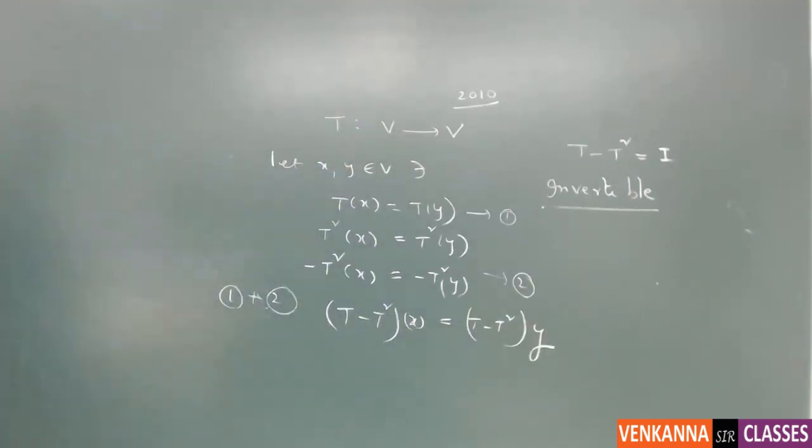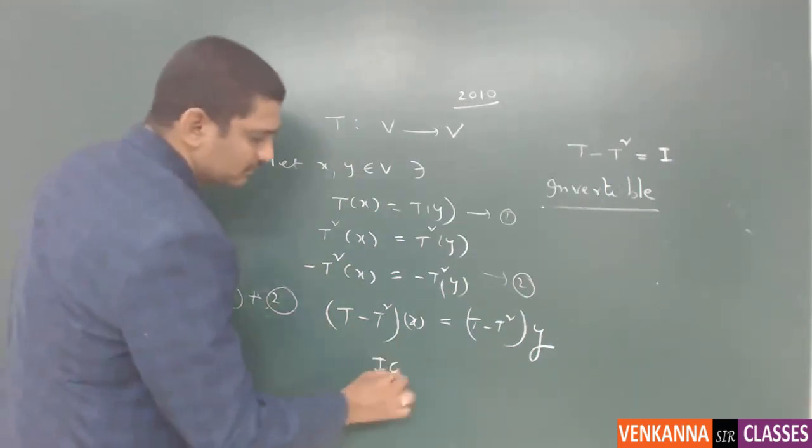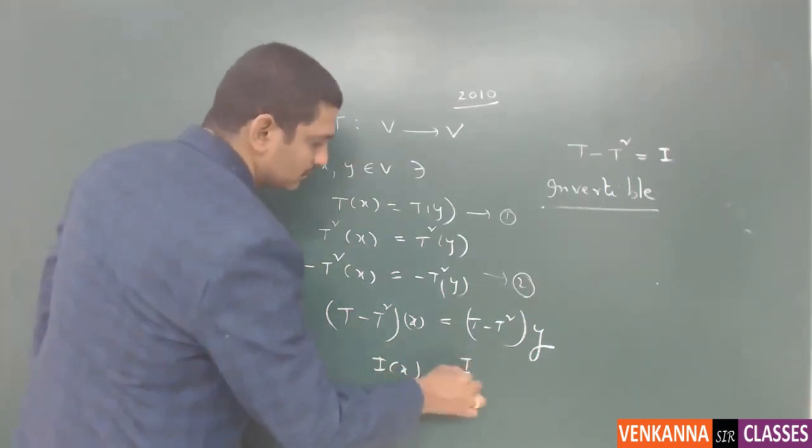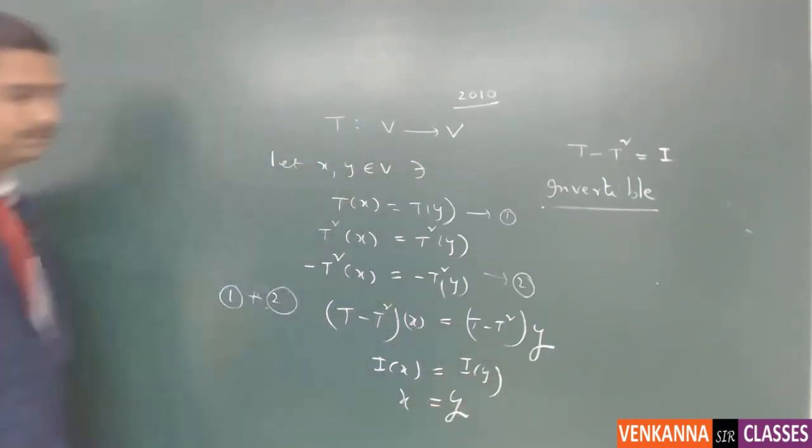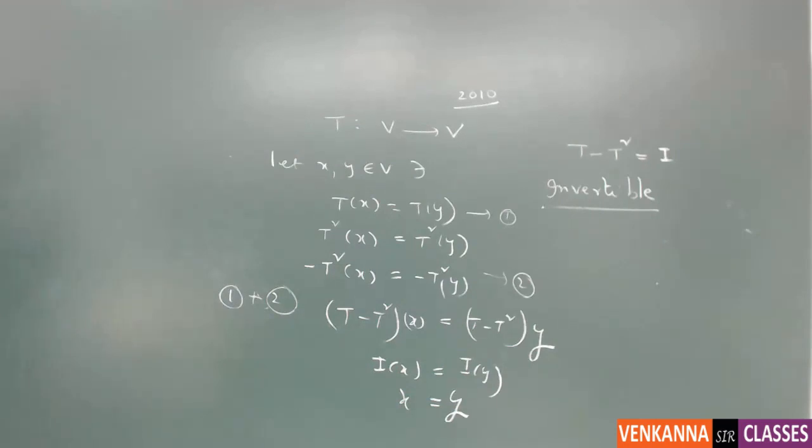Since T minus T square is nothing but I, which gives that x is equal to y. Therefore, the given function T is 1-1. Any doubts?